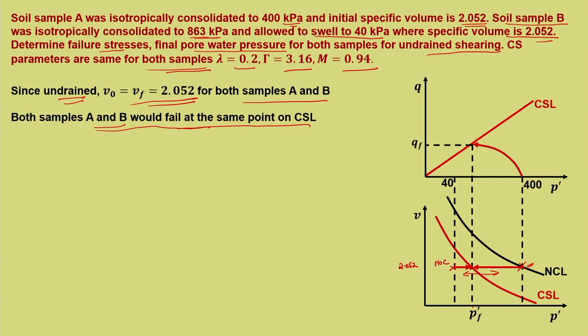Now, this is the effective stress path for sample A, and what will be sample B? See, if we do not know the concept of yielding, we will draw something like this. This is also possible, or it will be drawn like this, but now we know that it has to yield before it fails.